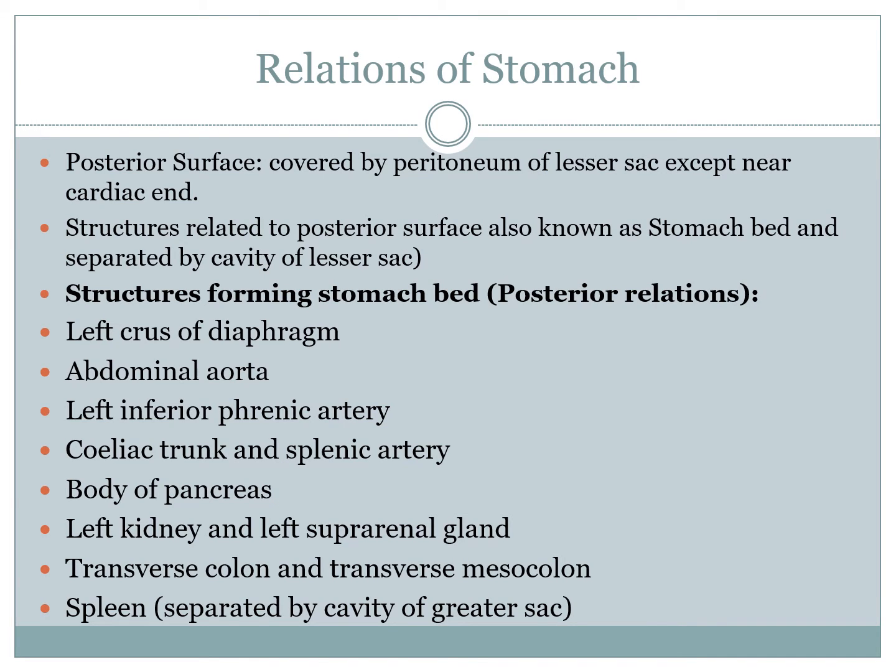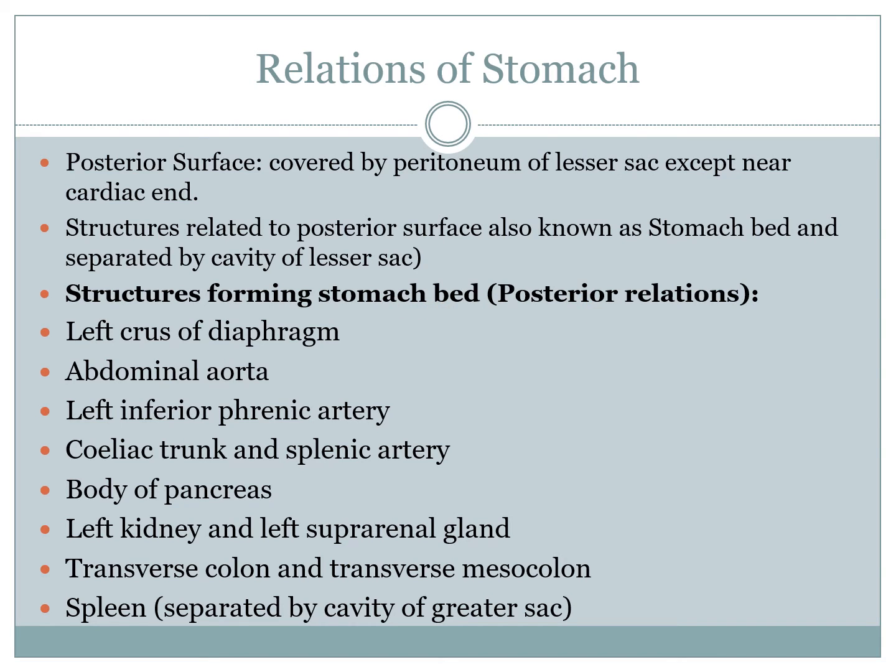Now this is the posterior surface. The posterior surface is covered by the peritoneum of the lesser sac except near the cardiac end. Structures related to the posterior surface are also known as the stomach bed. A short note may be asked: write down the stomach bed or the posterior relation of the stomach. It is very important, separated by the cavity of the lesser sac. Which structures form the stomach bed?